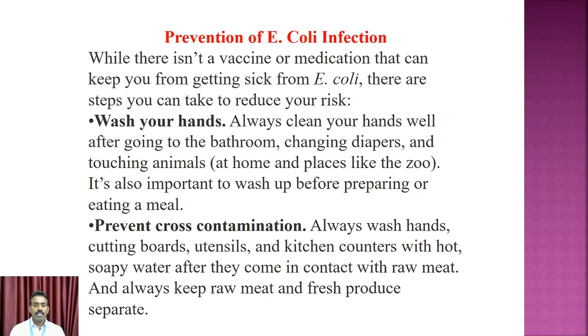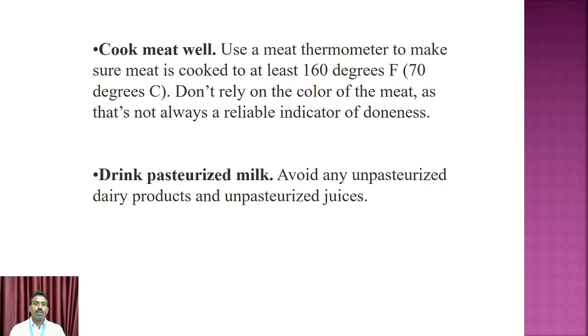Next, prevent cross contamination. Always wash hands, cutting boards, utensils, and kitchen counters with hot soapy water after they come in contact with raw meat, and always keep raw meat and fish separate from produce. Cook meat well.